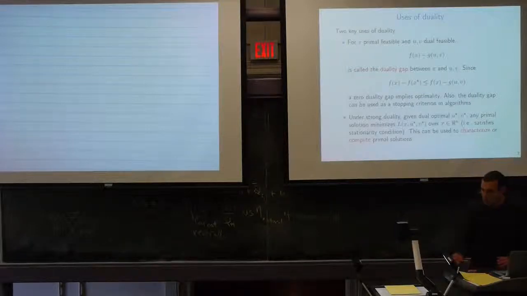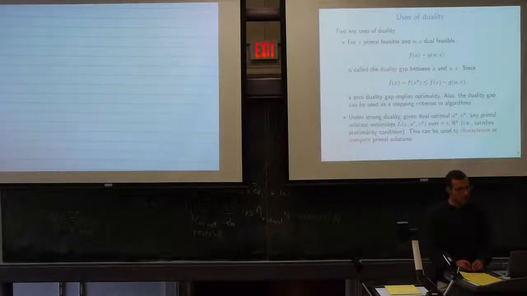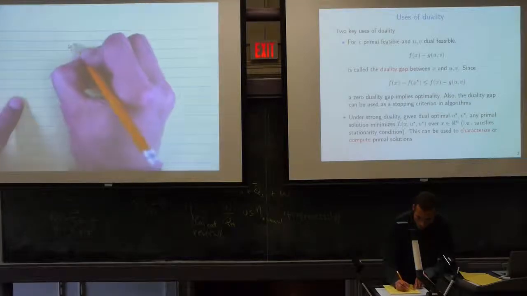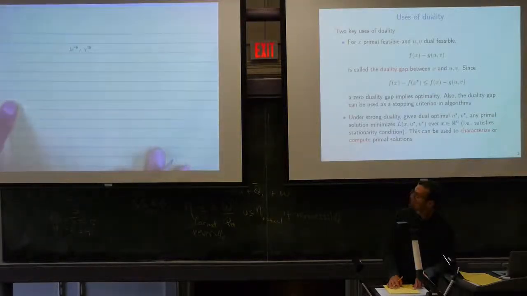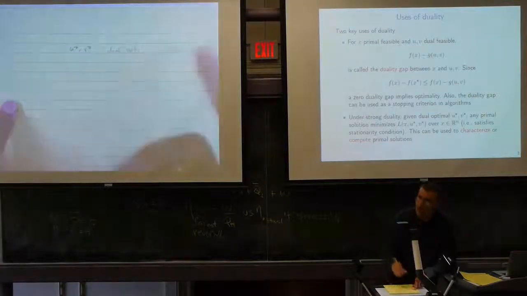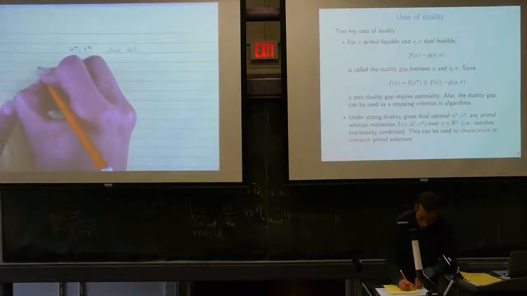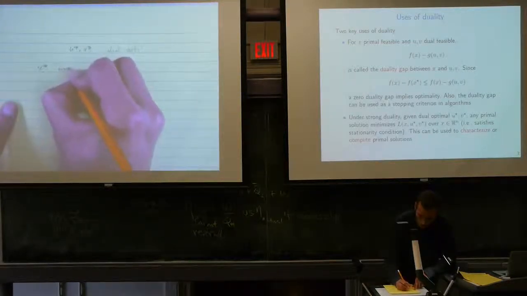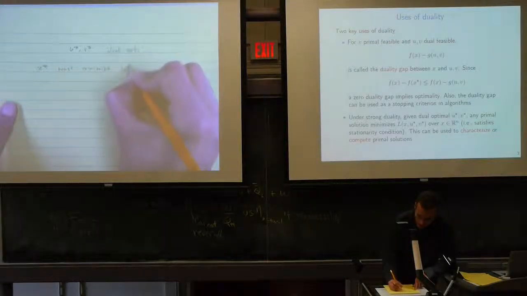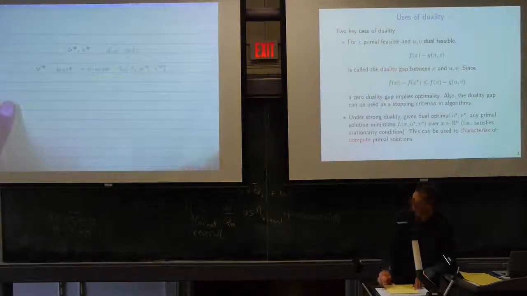If we have strong duality, so again, a convex problem whose constraint set can be strictly satisfied, and we have some dual optimal point, u star, v star, then the first condition of the KKT conditions, stationarity, tells us that the primal optimal point, x star, must minimize L of x, u star, v star over x.